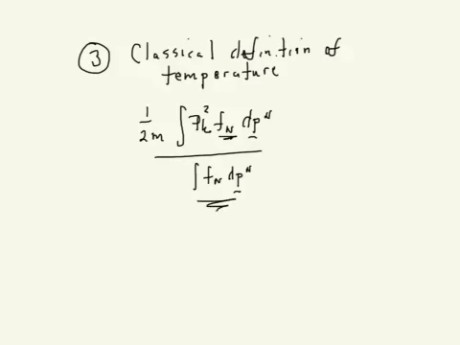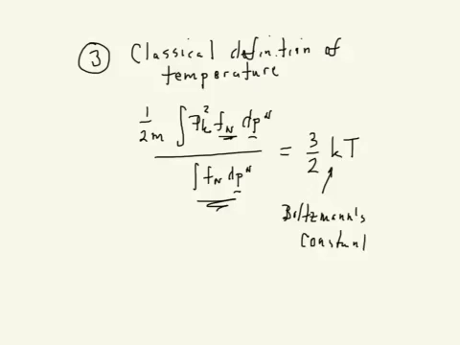And so the average kinetic energy of any molecule, according to the classical definition of temperature, should be equal to 3/2 kT, where k is Boltzmann's constant, and T is absolute temperature.